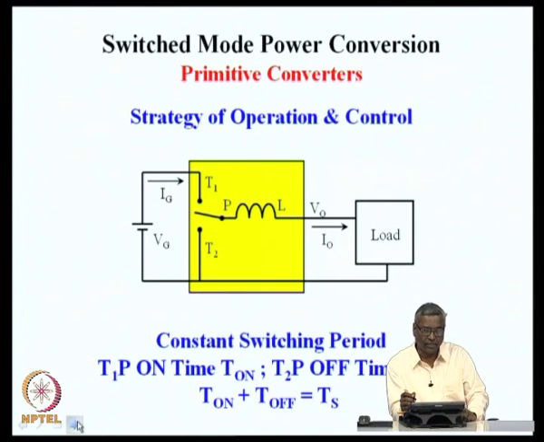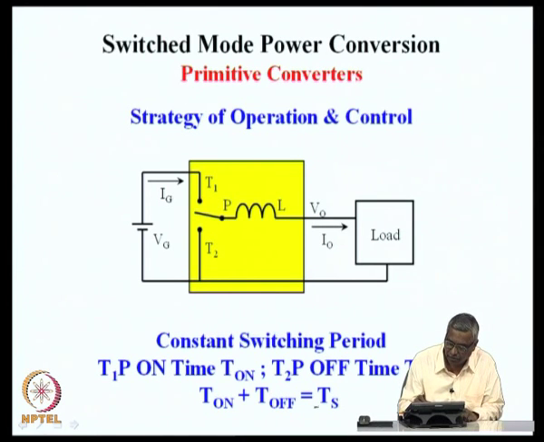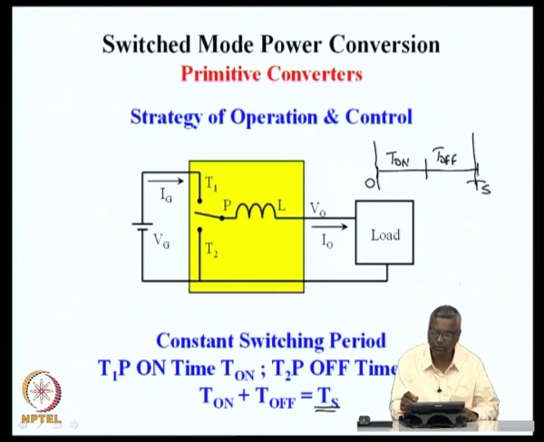We consider one switching period as a duration of Ts. What we see here, a switching period may consist of a time duration of Ts, and in this Ts we will have two intervals, one called T on and the other called T off. So, every switching interval consists of a sub period of T on and a period of T off.